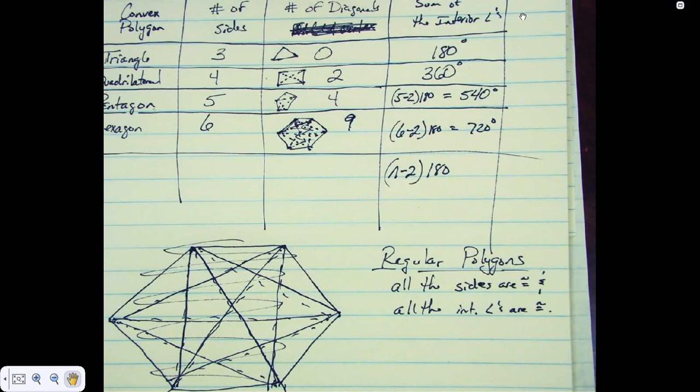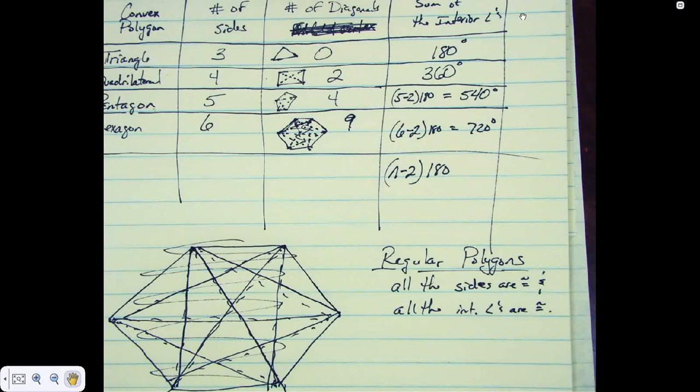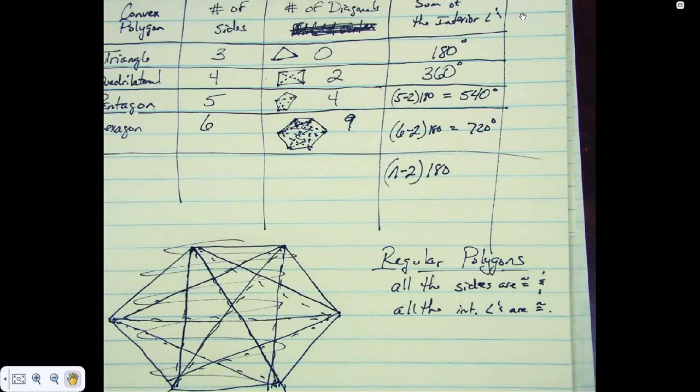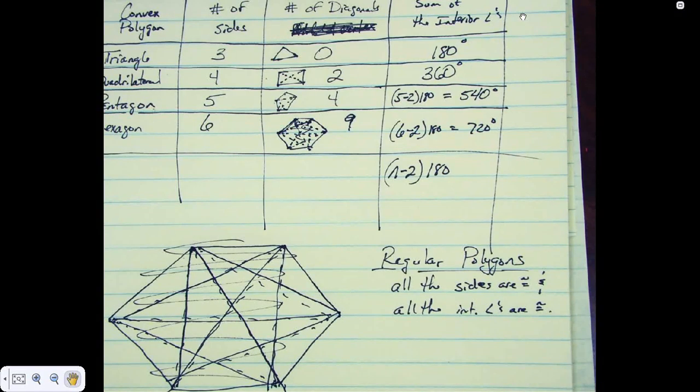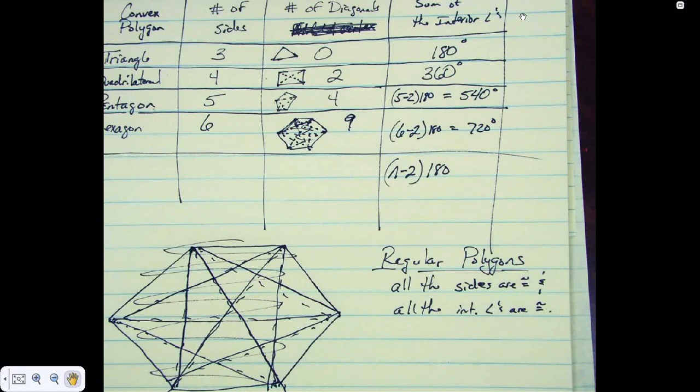How about a yield sign? What is that? An equilateral triangle, isn't it? What's the most common quadrilateral used? Square. That's a regular quadrilateral because all the sides are congruent and all the angles are congruent. The pentagon. What do you think of?